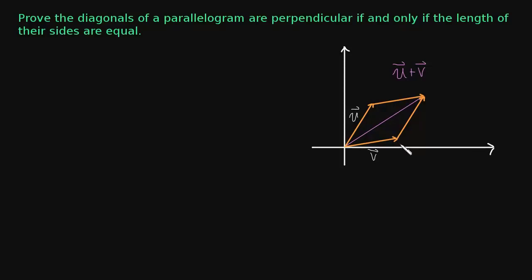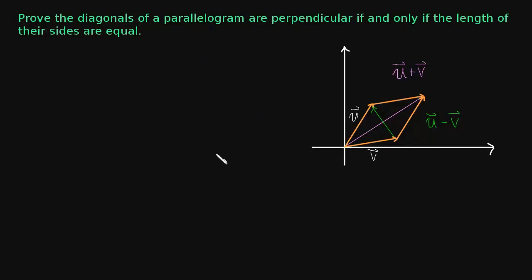So that is here. u minus v. We talked about that in vector subtraction. The vector pointing from the head of one vector to the head of the other is essentially vector subtraction.